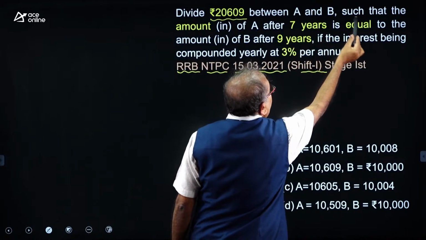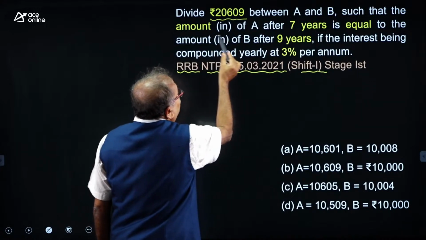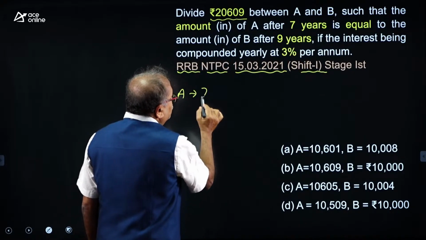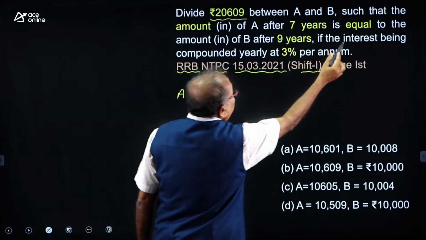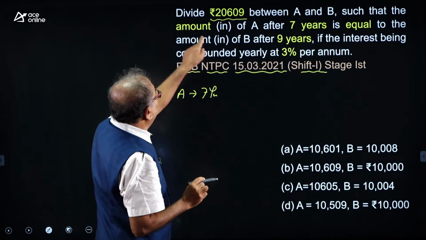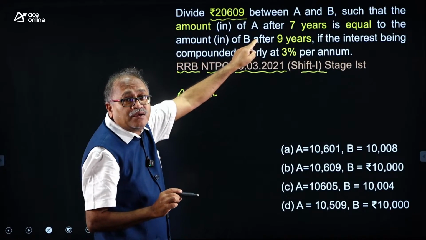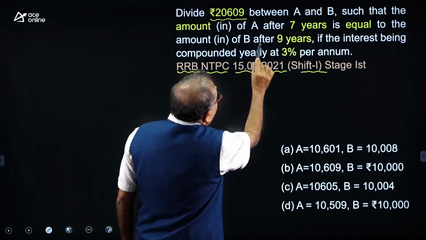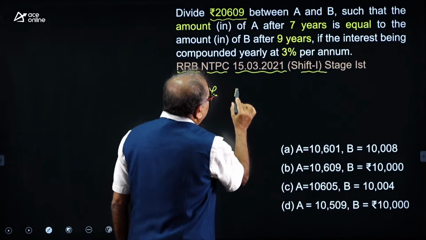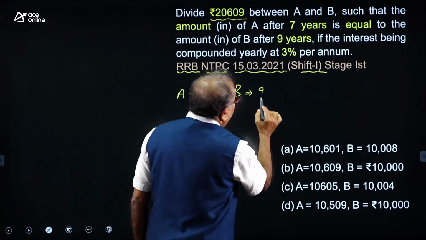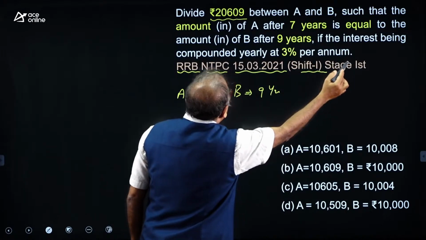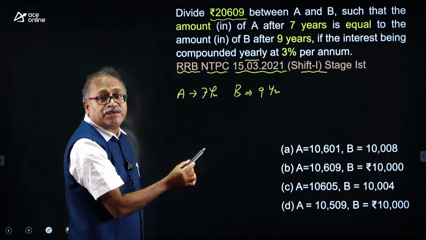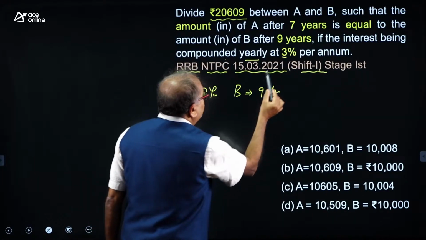Divide this amount between A and B in such a way that the amount received by A after 7 years is equal to the amount received by B after 9 years, if the interest is compounded yearly at 3%.